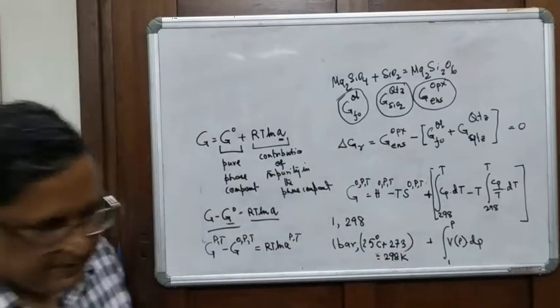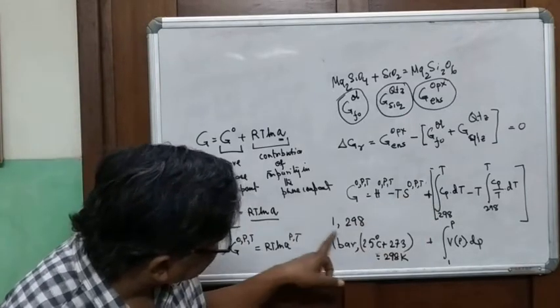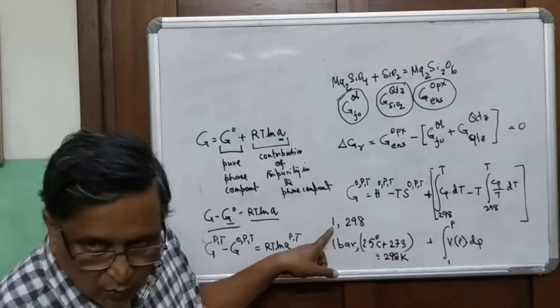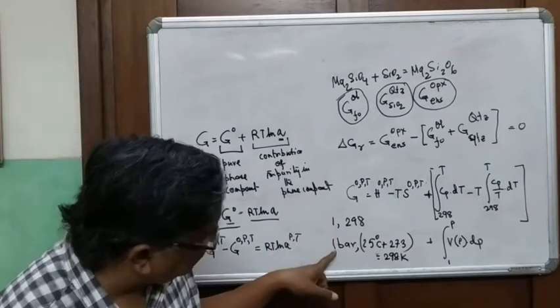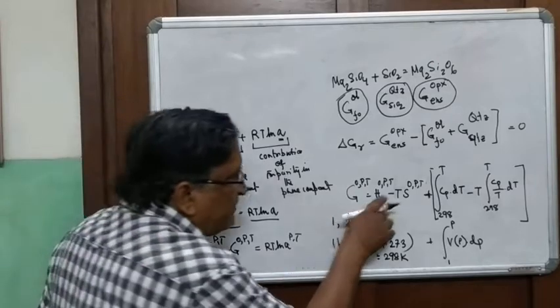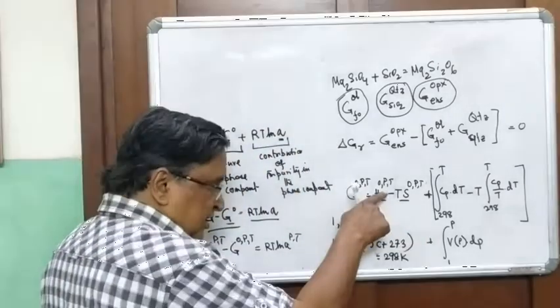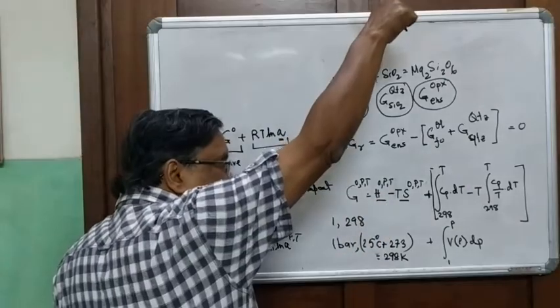All thermodynamic parameters take effect from 25 degrees centigrade and 1 bar, or 1 atmosphere, which is about 10 to the power 5 pascals. So this is the integration that gives you the value from the standard state to the required pressure and temperature condition.